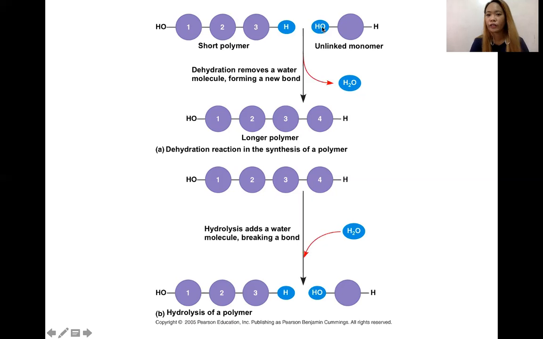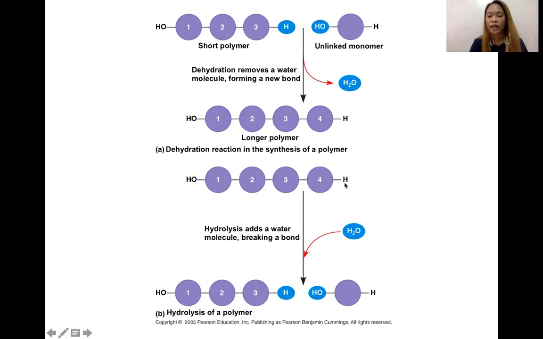So in order for them to create a link between these 3 monomers and this 1 monomer, they are going to create a water molecule. So now we created a water molecule and a polymer that has 4 monomers. So this process is what we call a dehydration process.